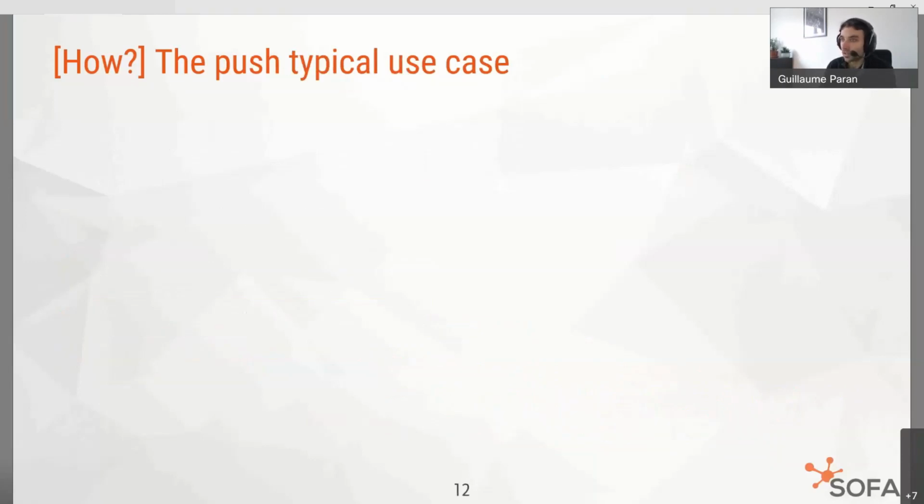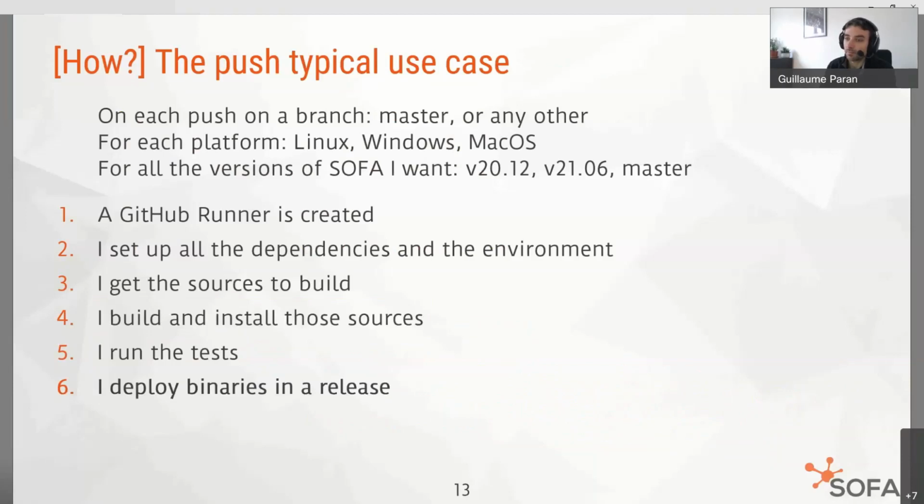And for the push, the only thing that is different is that you will be able, or I advise you, to add a step just for the push event that will deploy binaries in a release, so that whenever a push is done on master, or on any branch of your project, there will be a build as usual, but there will also, at the very end, be a deploy binaries step that will create a release automatically for you.